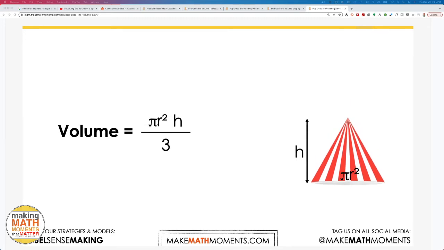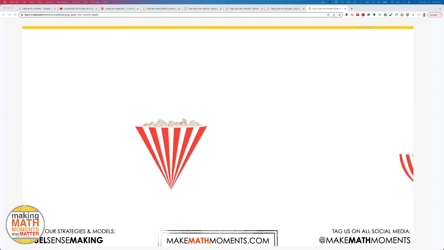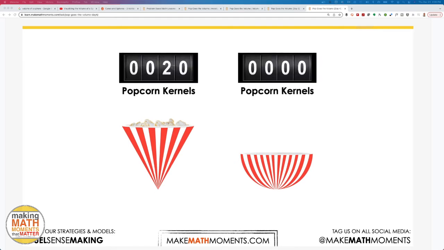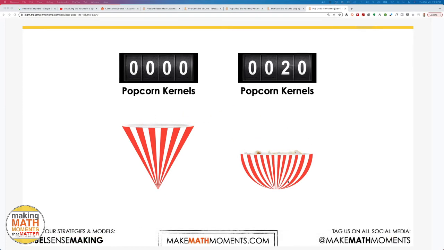And now we know, wait a second, a cone is a third of the volume of a cylinder. And in today's lesson, we just realized that all of the popcorn in this cone can fit into this hemisphere. That tells me something.